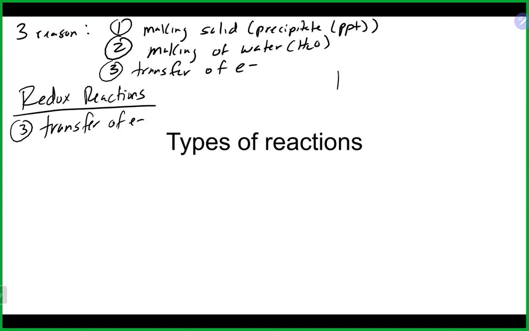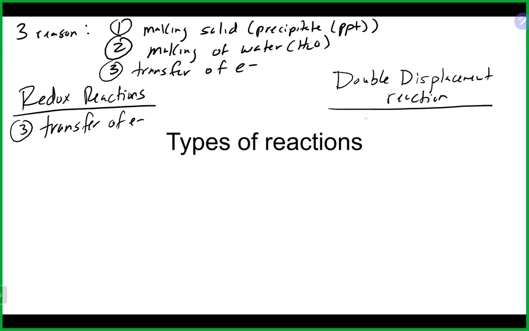The other big type of reaction is what is known as a double displacement reaction, and it is responsible for making a solid and making water. Also, under the double displacement umbrella, there are more specific ways you could classify a reaction. As we will see, you can classify the same reaction in three different ways, so there are multiple ways you could classify the same reaction.